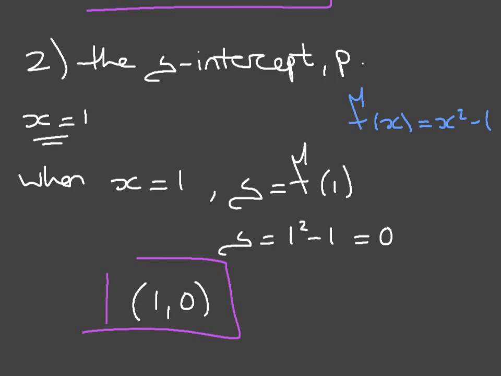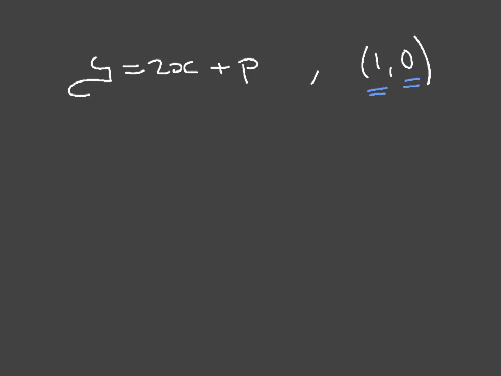So let's just go to the next page to carry on here, and I'll remind us of that. We had y is equal to 2x plus p, and we know that it passes through the point (1, 0). So what this tells us is that when x equals 1, y has to equal 0.